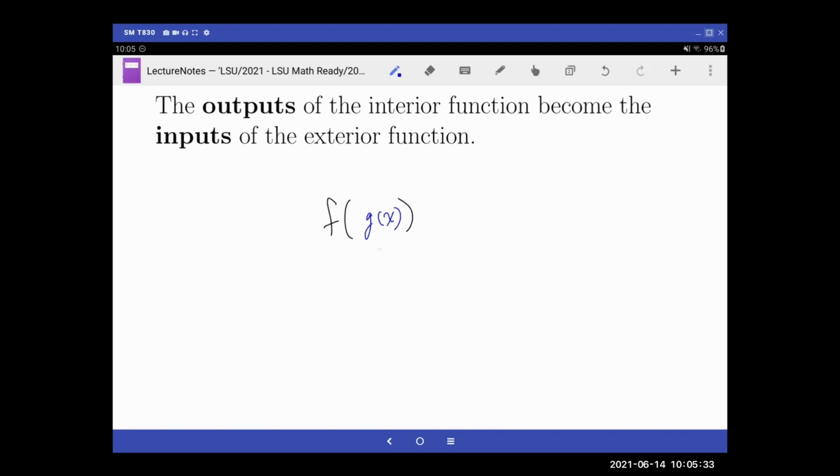Well, the output of g of x gets plugged into f of x. It becomes the inputs of the exterior function. So the interior function's outputs become the inputs of the exterior function. Okay, and so you could think about that as, well, we'll do an example later.